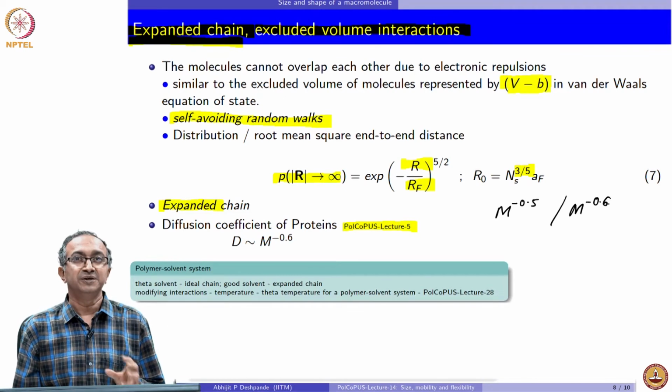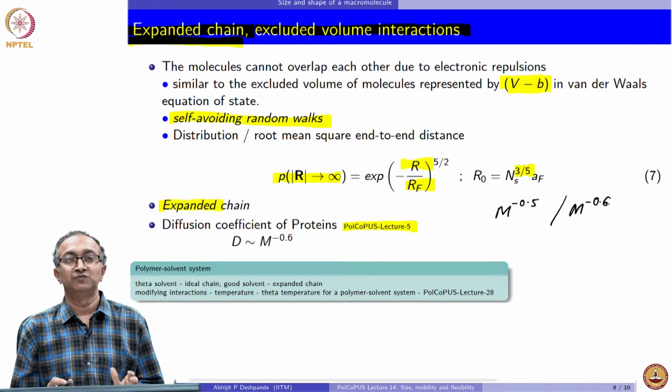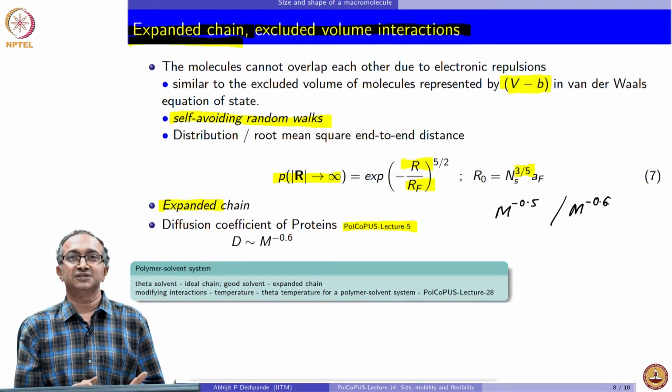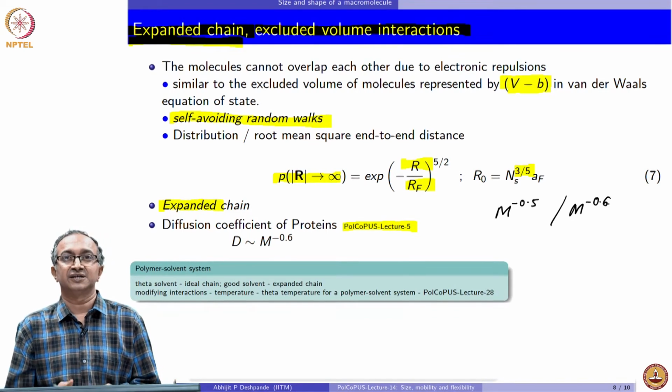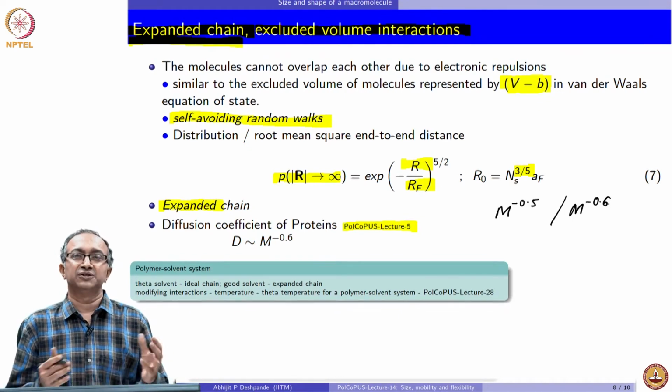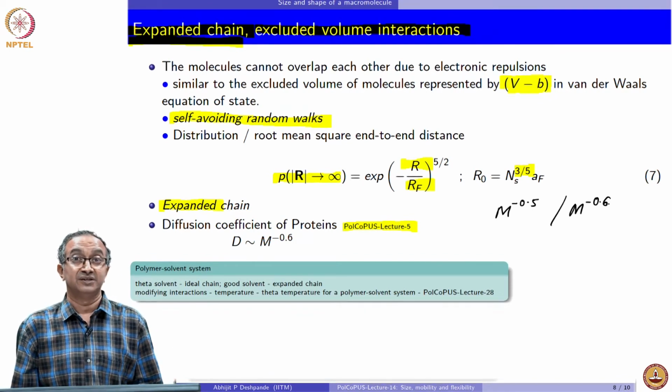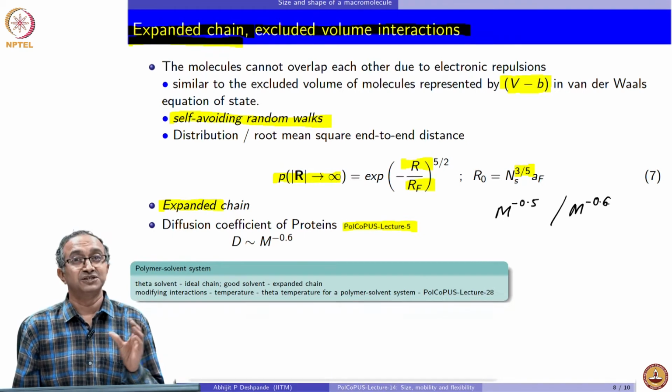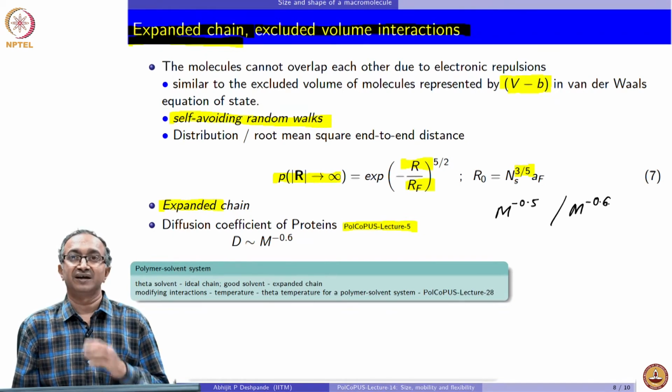A very powerful message from that graph is that such simple models as the ideal chain and expanded chain come so close to describing real protein molecules, macromolecules with all kinds of interactions and complications and shapes and sizes. So that's the first powerful message. Therefore these models, though they seem very simple, are extremely useful. Of course, to get an exact quantitative match, more modifications to each and every system may be required.